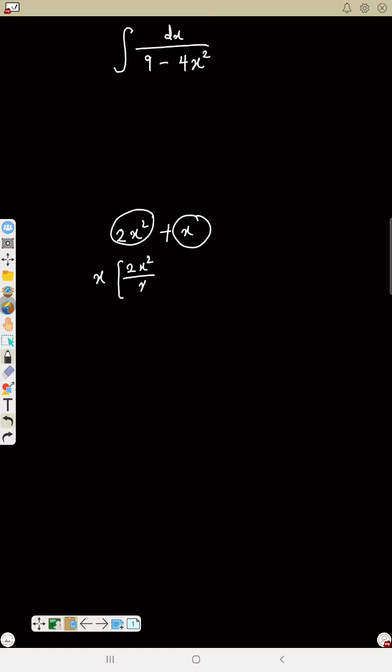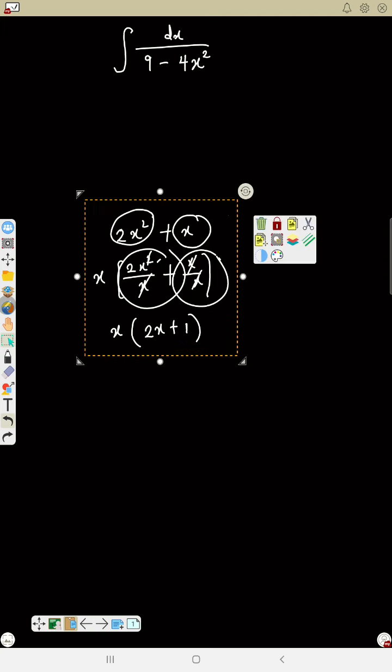That will be 2s squared over s plus s over s, so s will cancel out, and this will remain s bracket 2s plus 1. So in real sense, anytime you say something is common, that means you divide the rest by that thing that is common. Now let's go to the question.